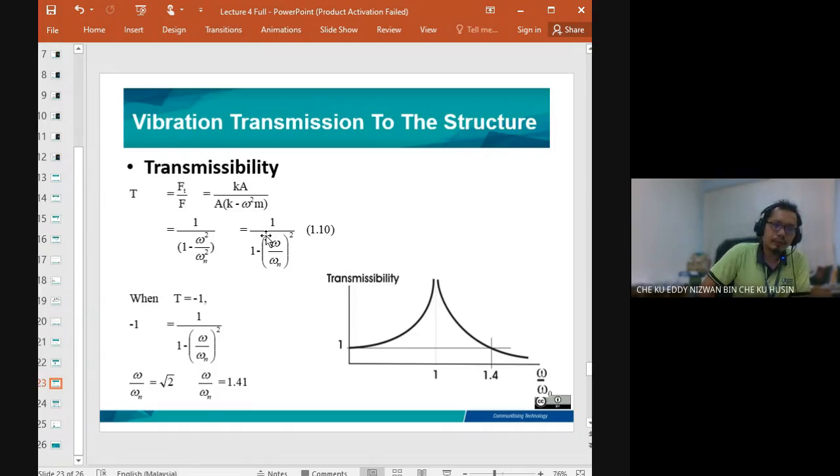So basically, we know that the force transmitted depends on the amplitude. So F equals K A, where K is stiffness and A is amplitude.